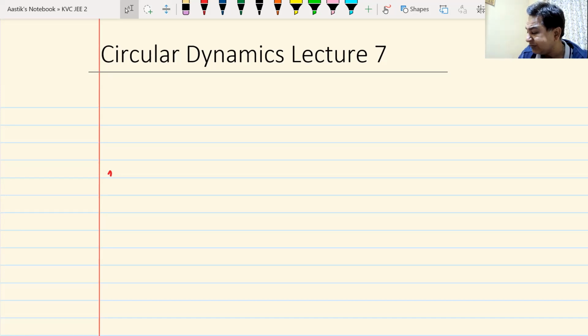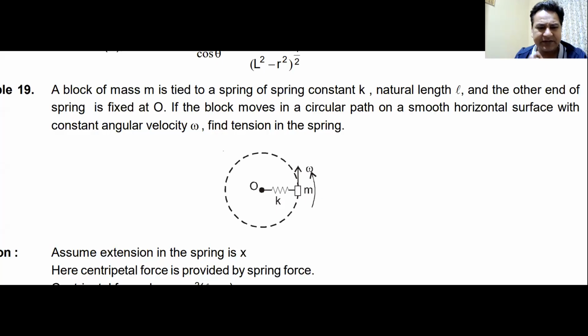I have a very strong notion that you should be able to solve this one. This will serve as a test of what we have learned in the previous class. It looks pretty similar, and every problem is similar once you understand what is motion in a horizontal path.